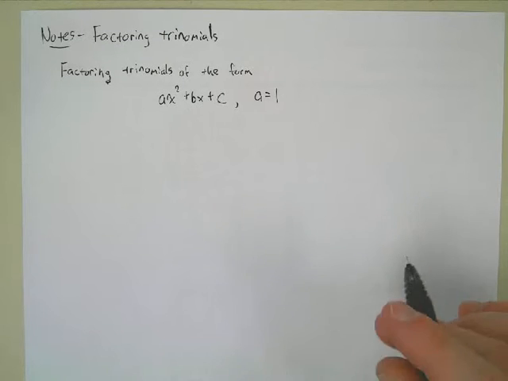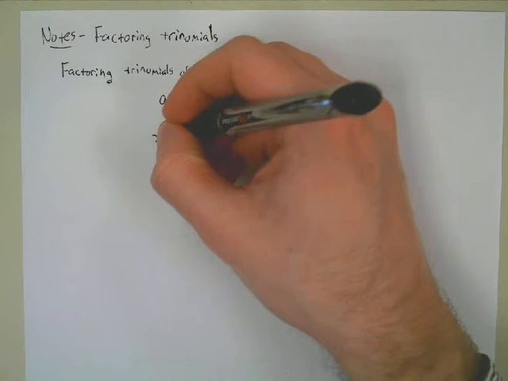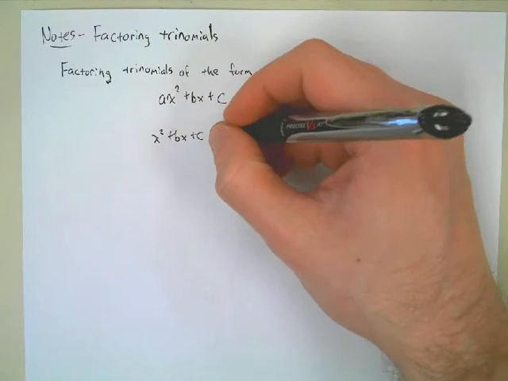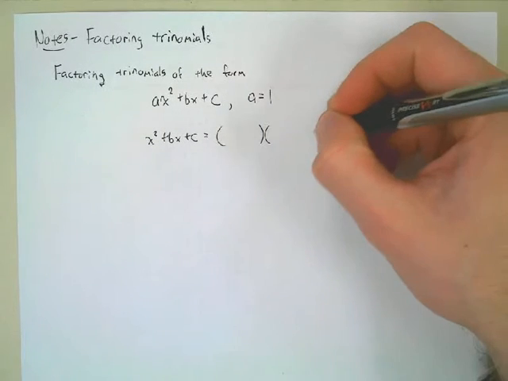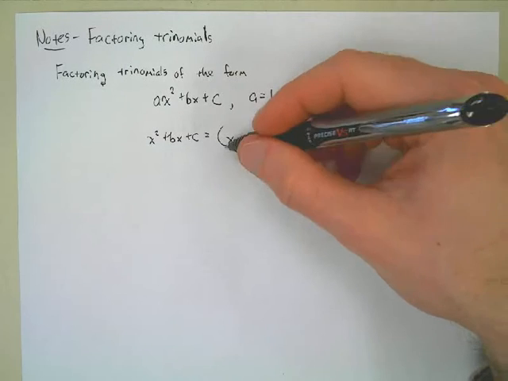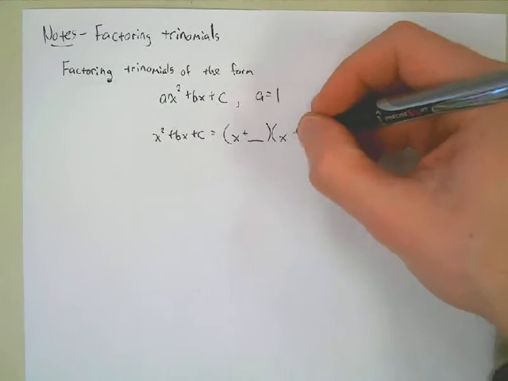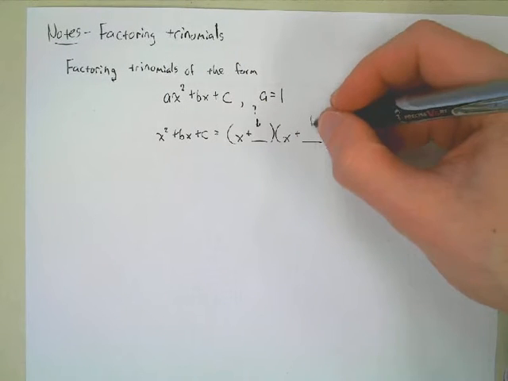And the idea is that we want to take this generic x squared plus bx plus c, and our goal is to see if we can break it up into 2 binomials. Okay, they would both have an x in front because we needed the x times x to make the x squared there. But then it's a matter of what are these 2 numbers going to be right in here?